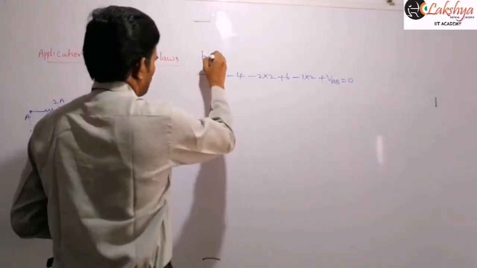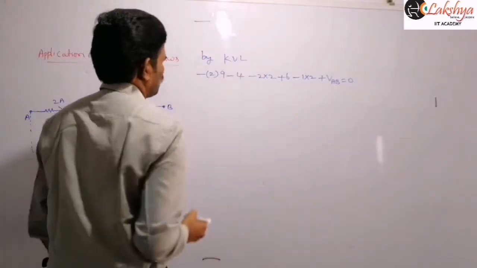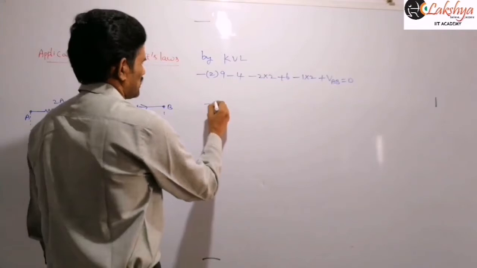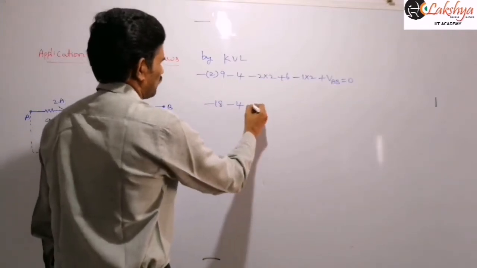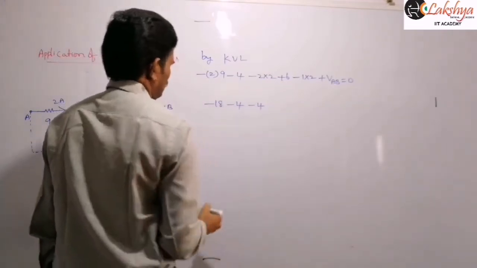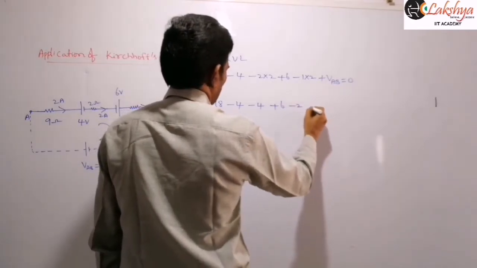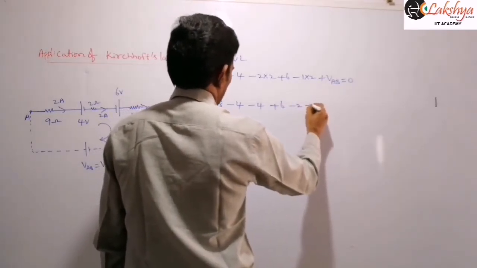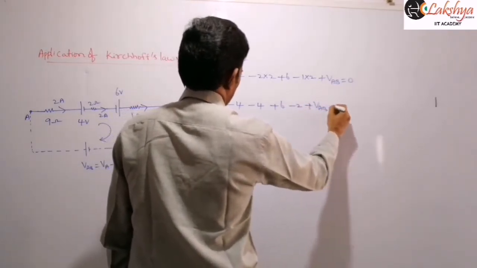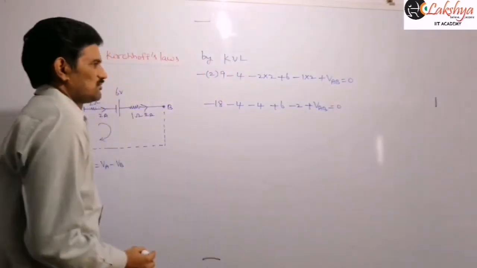This is called KVL, Kirchhoff voltage law. So this is minus 18 minus 4 plus 6 minus 2 plus VAB is equal to 0.